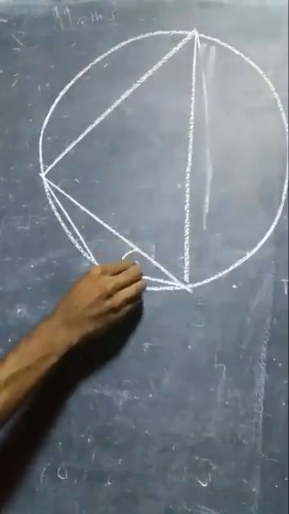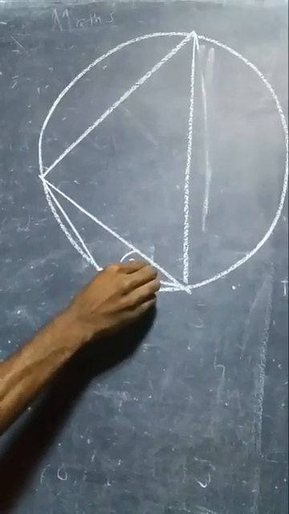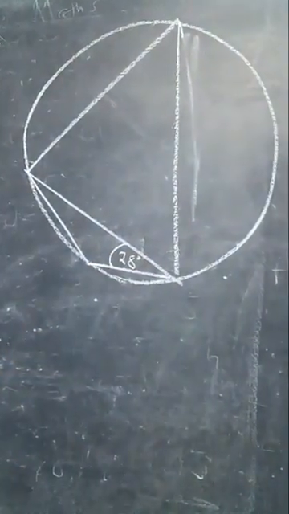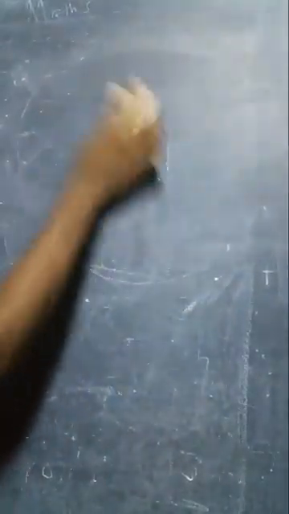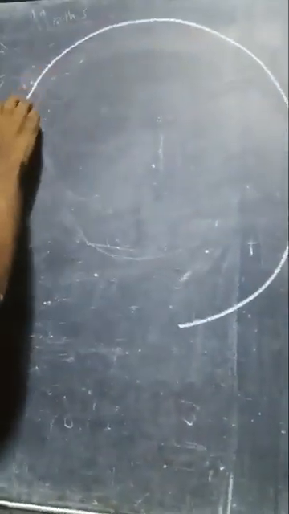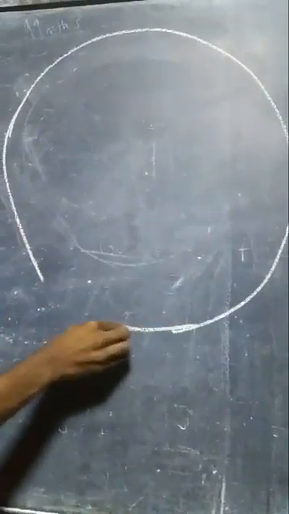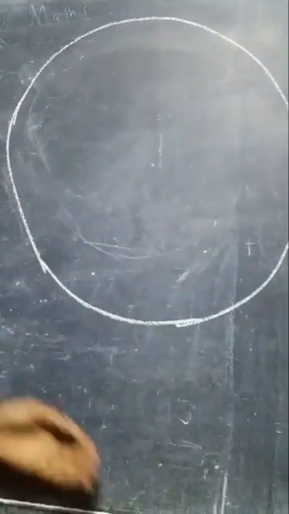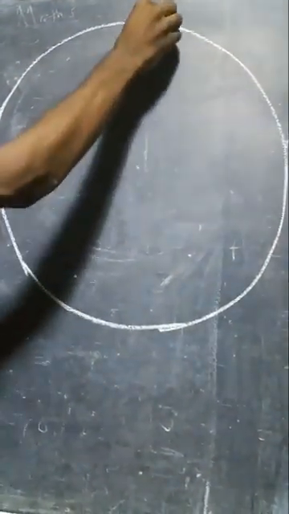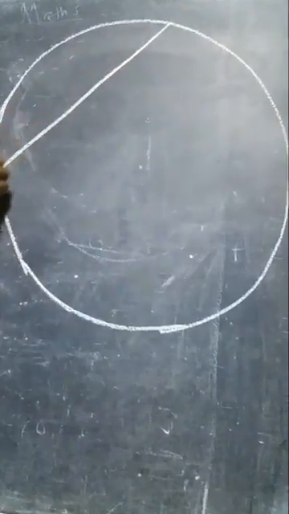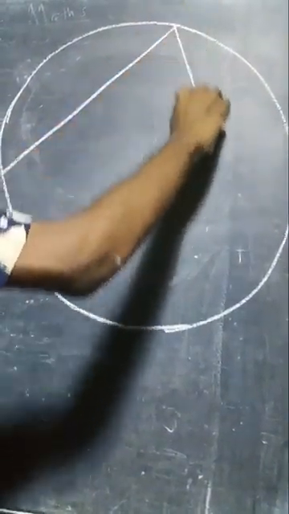So there's a 28 here. Let me just draw something that is larger, so that we can all see it clearly. So this is our potato-like circle anyway. That goes down there.